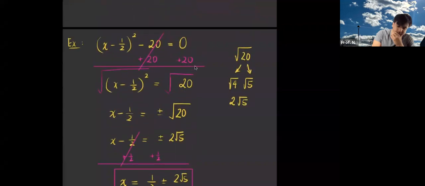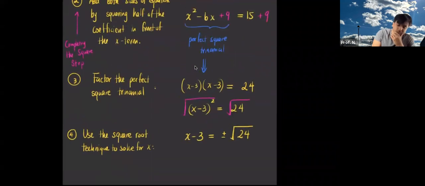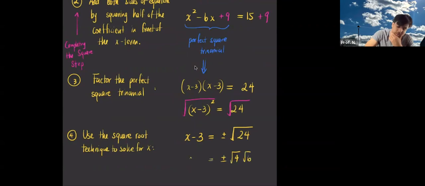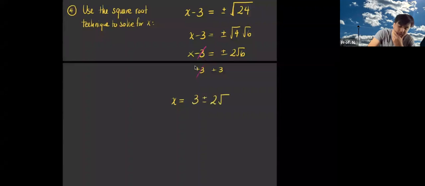Didn't we discuss that already? We can break down the square root of 24 as the square root of 4 times the square root of 6. So x minus 3 equals plus or minus 2 rad 6. Now I can add 3 on both sides, and I get that x is equal to 3 plus or minus 2 rad 6. And there you go.